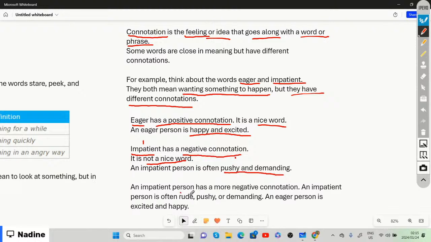So we said an impatient person, or impatient, has a negative connotation. It's not a nice word. And an impatient person is often very pushy and very demanding.